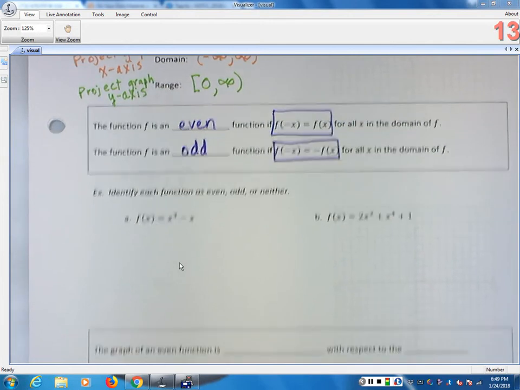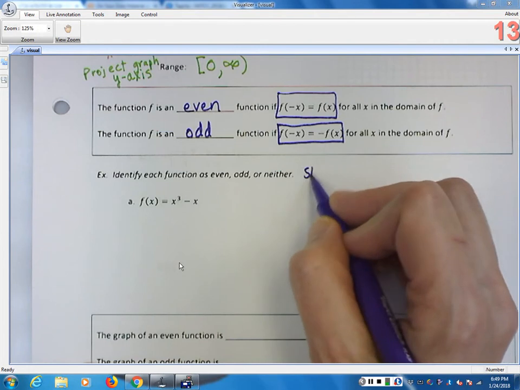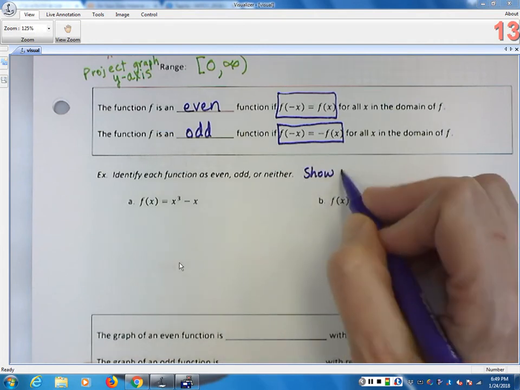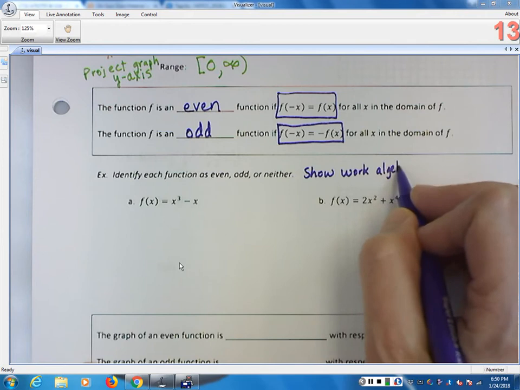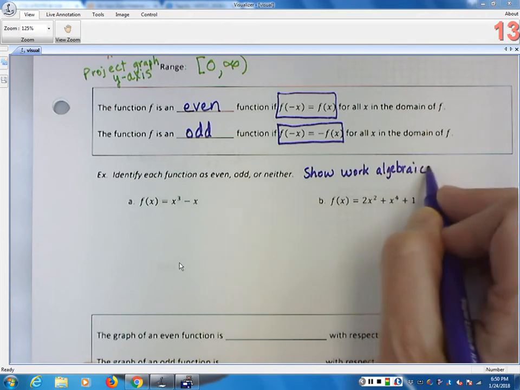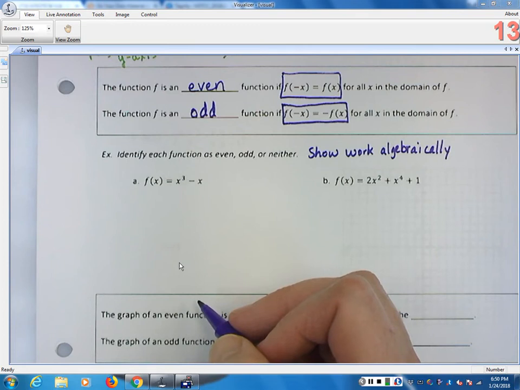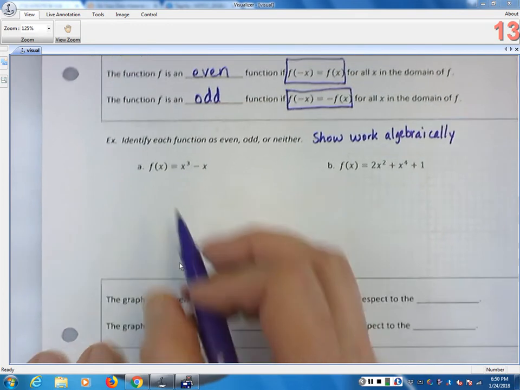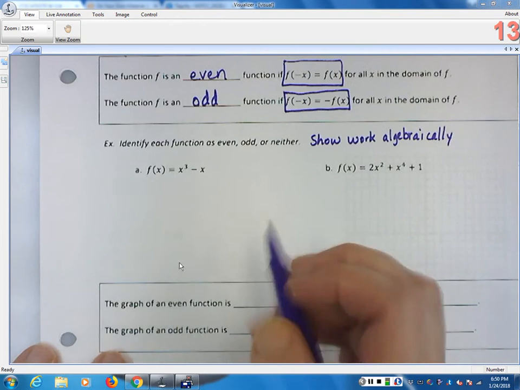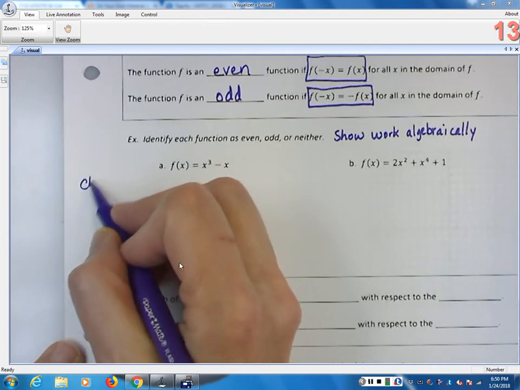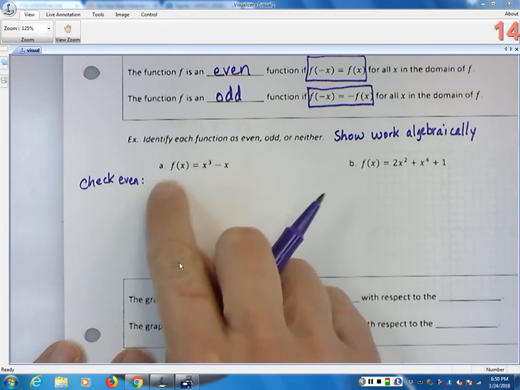So we're going to identify these as even, odd, or neither, and we're going to show work algebraically using this definition. So first off, we want to check to see if it's even. Well, we have f of x.